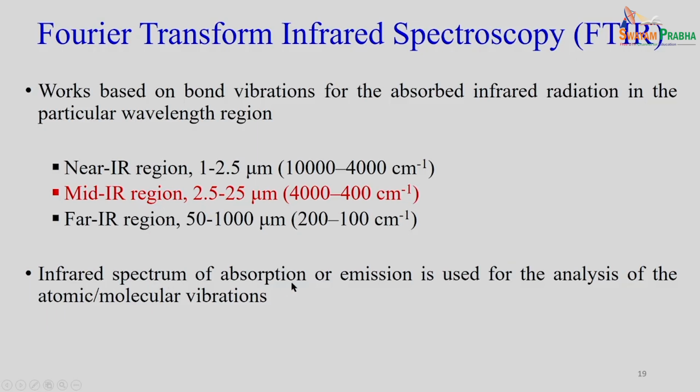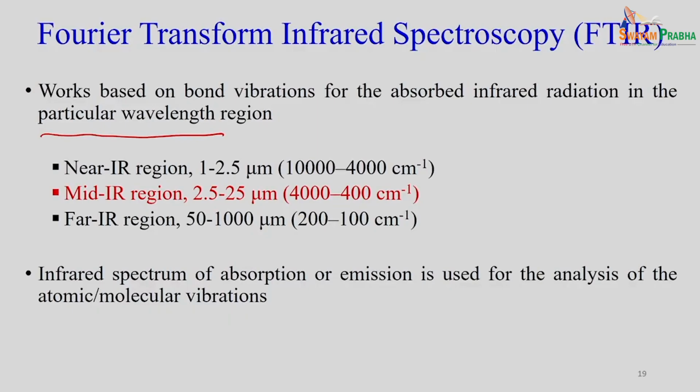The infrared spectrum of either absorption, transmission or emission is used to analyze atomic or molecular vibrations, and depending on a particular wavelength we decide which type of functional group is present, like C double bond O, C triple bond C, C triple bond N or N bond H. Each bond absorbs the infrared radiation at a particular wavelength, and that wavelength gives a particular peak in the spectra.